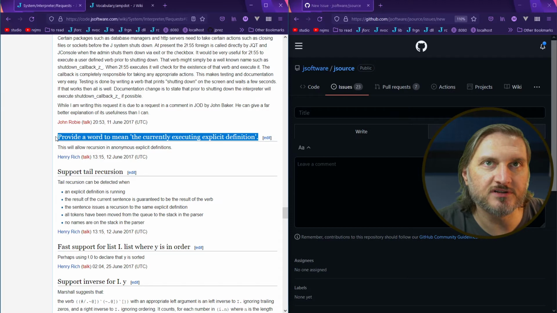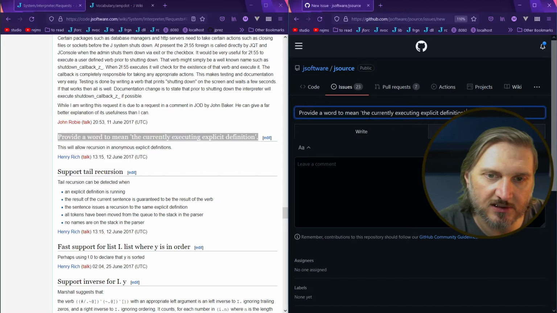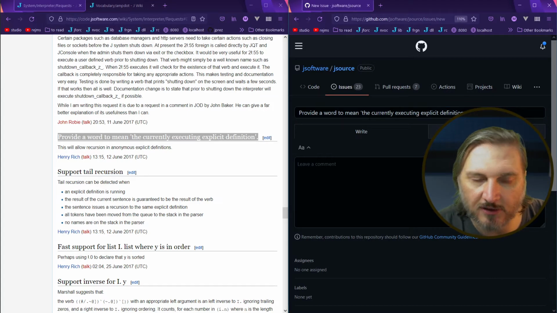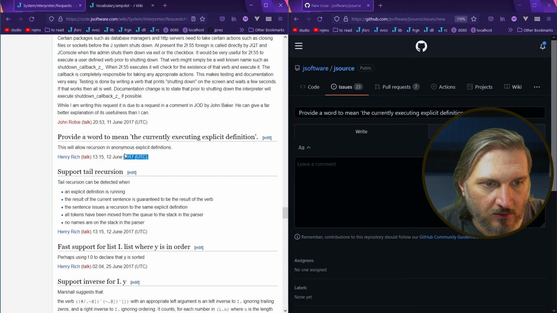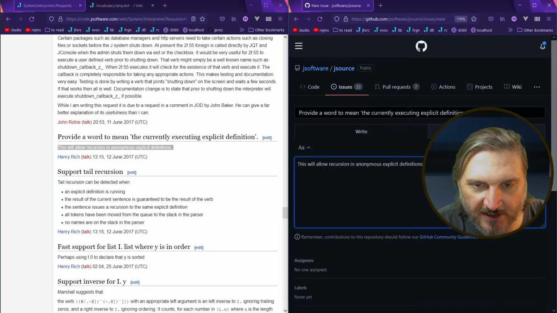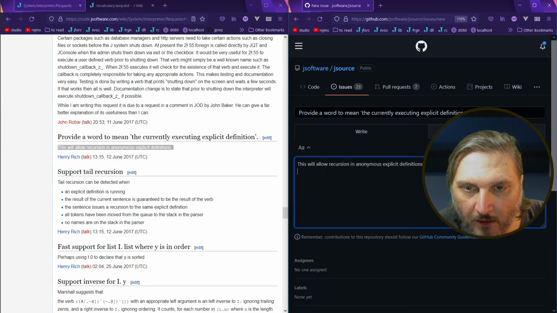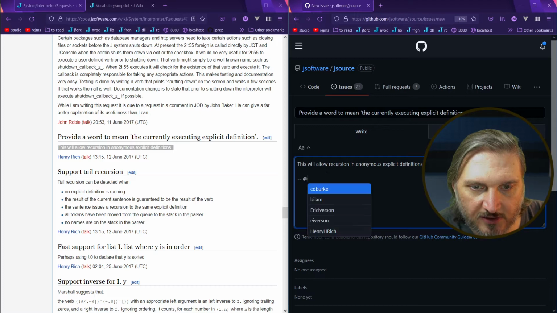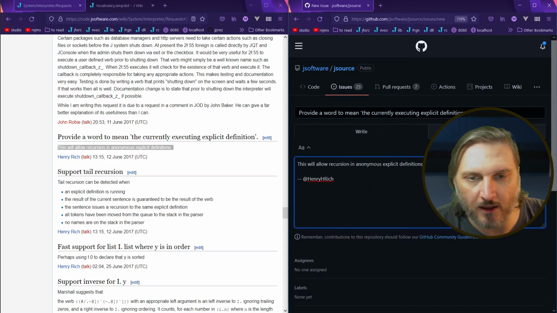So J has this weird symbol. I think it's $: which is meant to allow you to make recursive tacit functions or tacit definitions, and this is asking for the Henry Rich. This is asking for an explicit version of that.